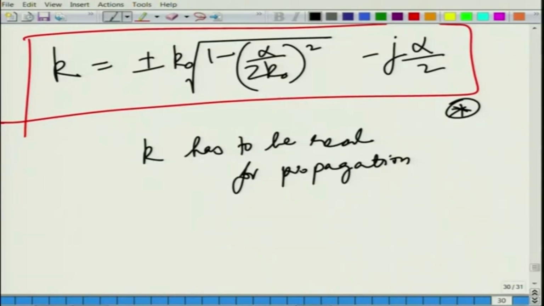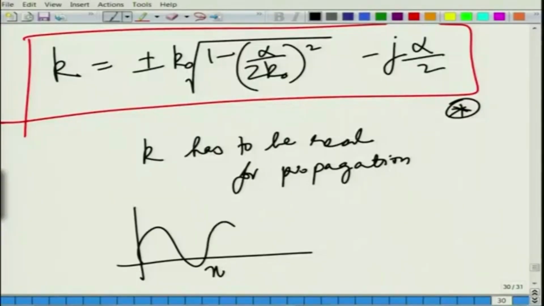mean evanescent modes. So, remember the discussion in week 2 of our course, there are two kinds of waves, the one that propagates or normally has a sinusoidal or some kind of a wave pattern. It may have a decaying amplitude with space, or it may not decay, it can just propagate unattenuated, but at least it is propagating. The other kind of wave was the evanescent wave. So, it does not propagate, it just decays.